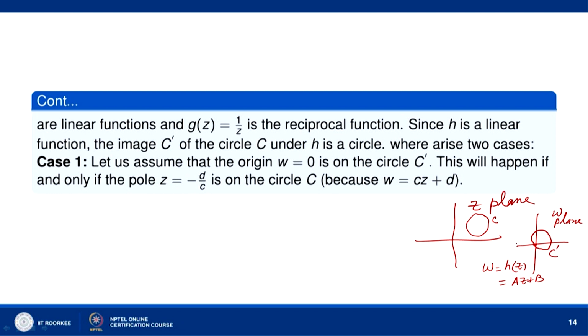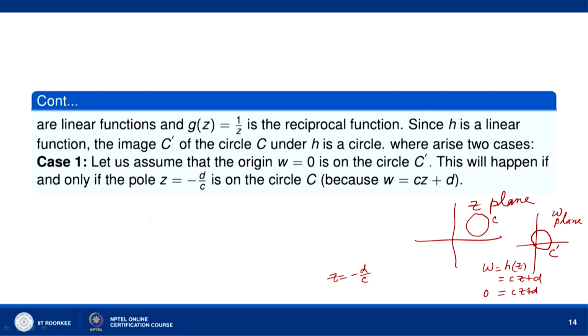This will happen if and only if the pole z equal to minus d by C is on the circle C. You can see here w equal to 0 implies H(z), which was equal to Cz plus D, equals 0. So, when w is equal to 0, Cz plus D equal to 0, which will give you z equal to minus d by C, and we know that z equal to minus d by C is the pole of the bilinear transformation.